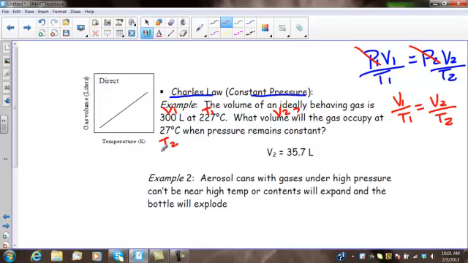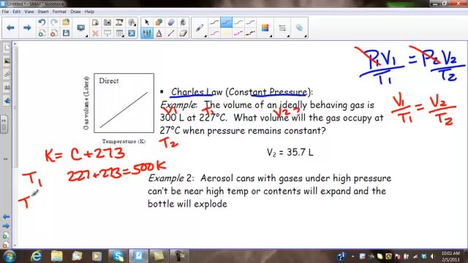Now, one thing I have to realize before I even get started here is that my temperatures are not in Kelvin. Kelvin equals Celsius plus 273. So for T1, I've got 227 plus 273, and that's going to give me 500 Kelvin.